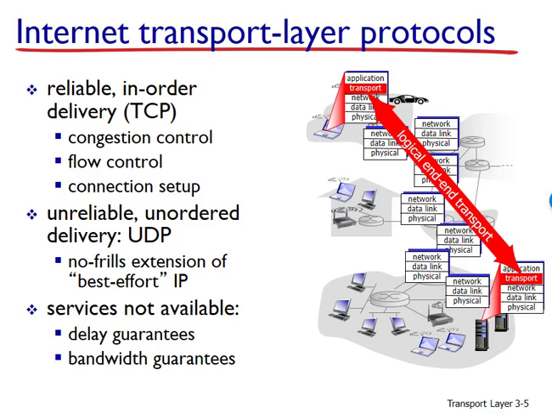That is, even when the network protocol loses, garbles, or duplicates packets. A transport protocol can use encryption to guarantee that the application messages are not read by intruders, even when the network layer protocol cannot guarantee the confidentiality of transport layer segments.